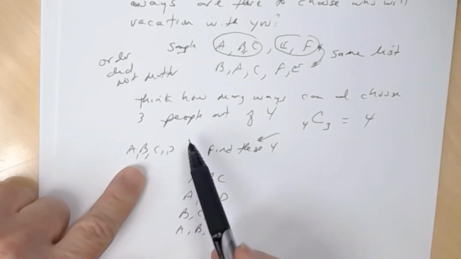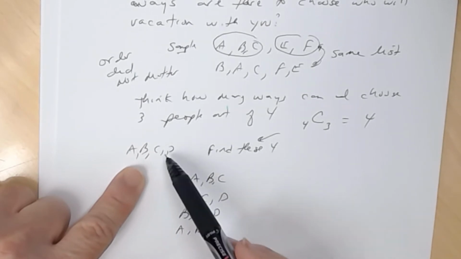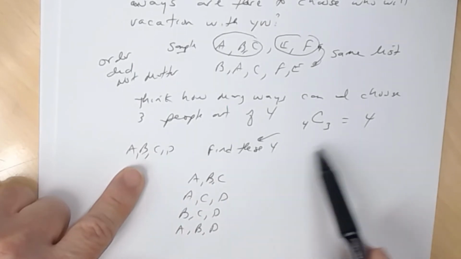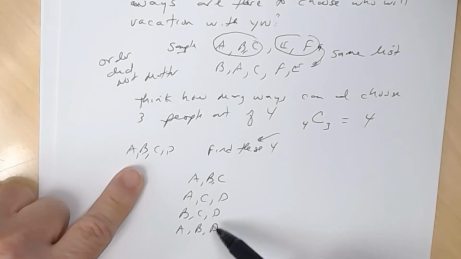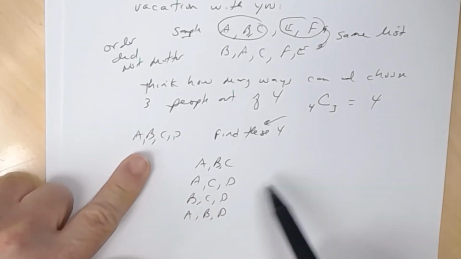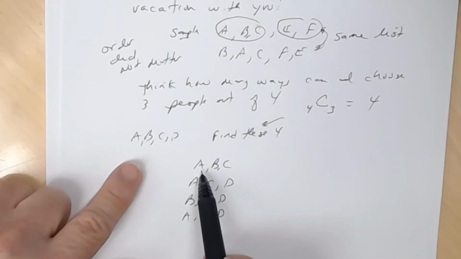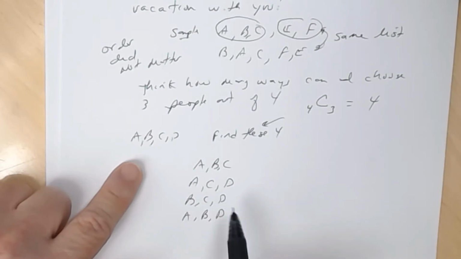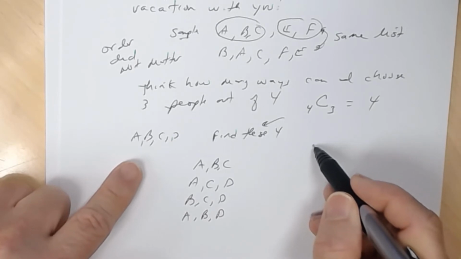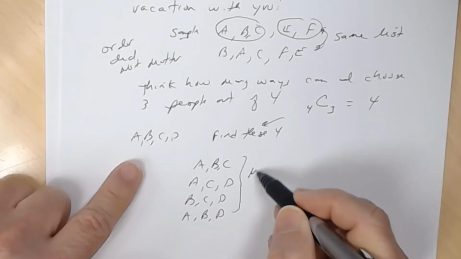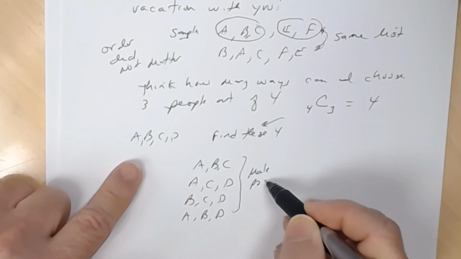And then I went to the B, and the only choice I have is B, C, D. So those are the four right here. Those are the only four possibilities for choosing my male friends. So either I can choose friends ABC, or ACD, or ABD, or BCD. Okay. Now for female, so these are the male possibilities.